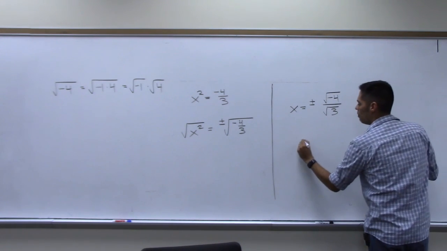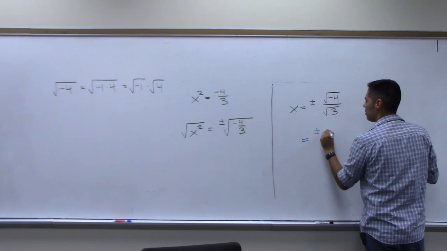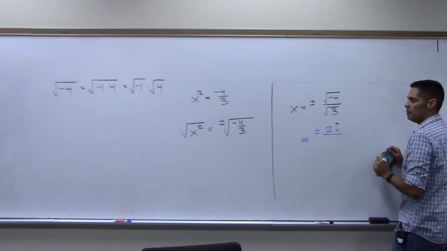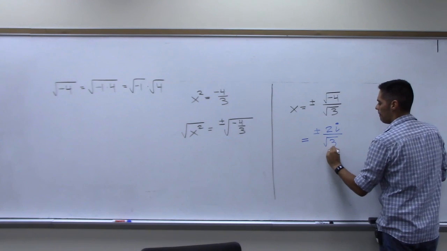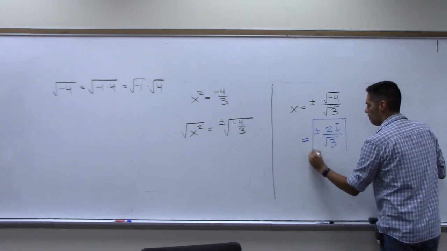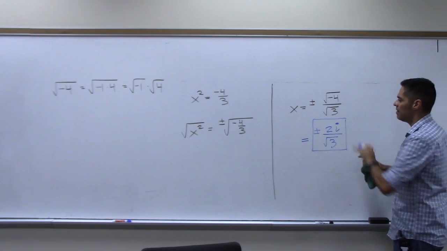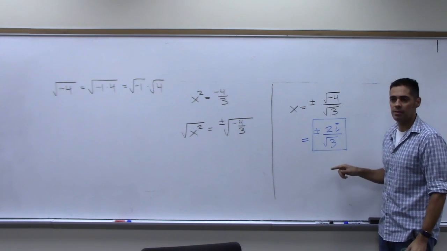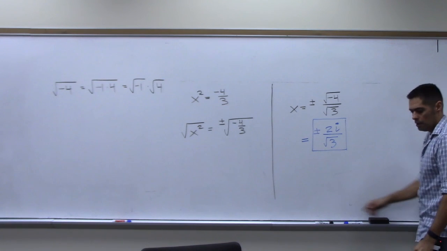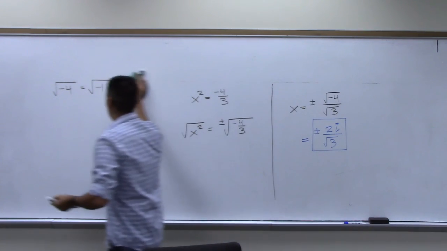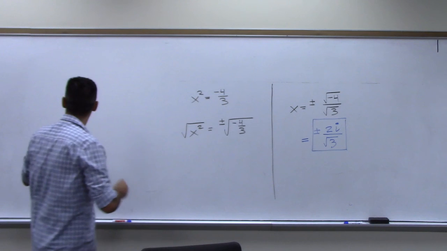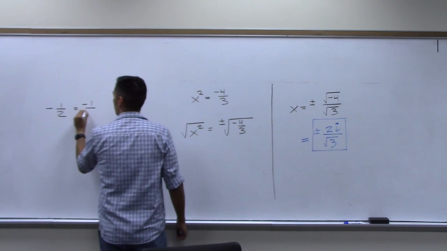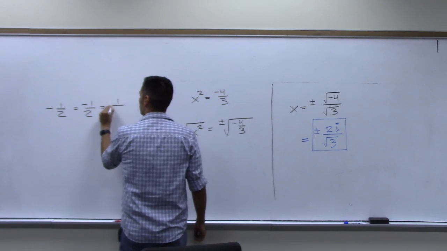So this should equal plus or minus 2i over root 3. Is the plus and minus with the root 3 as well? Or just with the 2i? It's out in front. It's just saying it's this whole thing positive or this whole thing minus. One thing to remember about fractions and negative signs is that when I write something like negative 1/2, that's the same as negative 1 over positive 2, which is the same as positive 1 over negative 2.